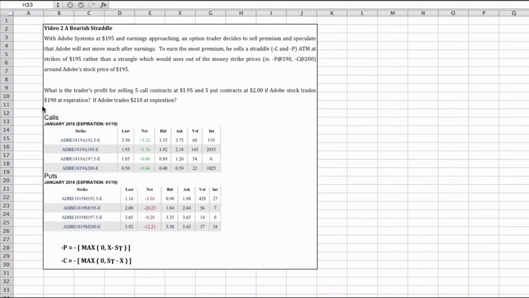So we're going to evaluate this at a price of 190, so falling $5, and a price of 210, rising $15, and see how we do. Our short put and call positions, the payoff formulas you have there. And so let's take a look and see what we get.